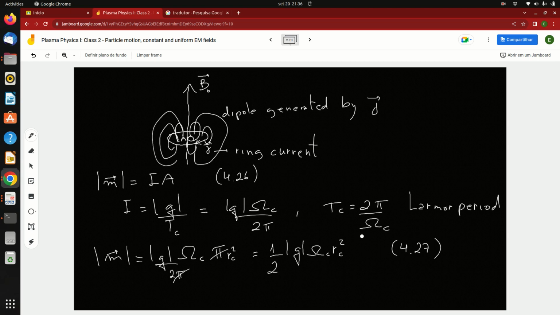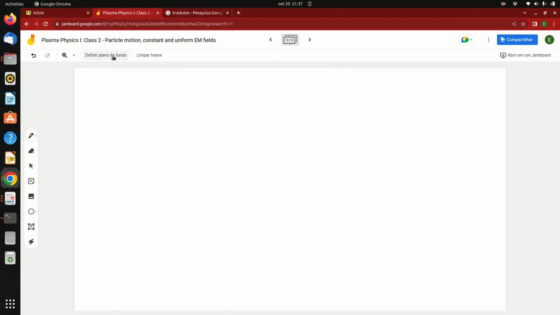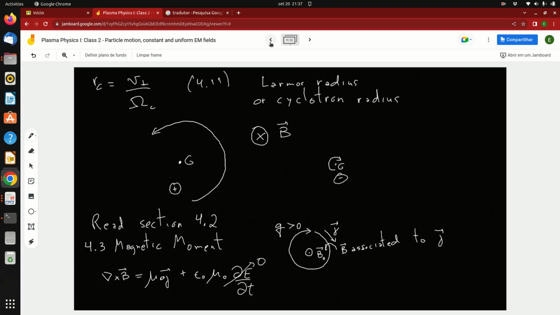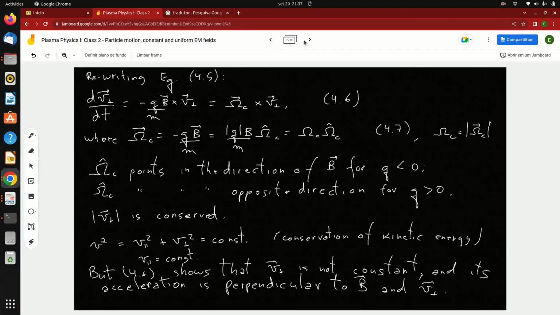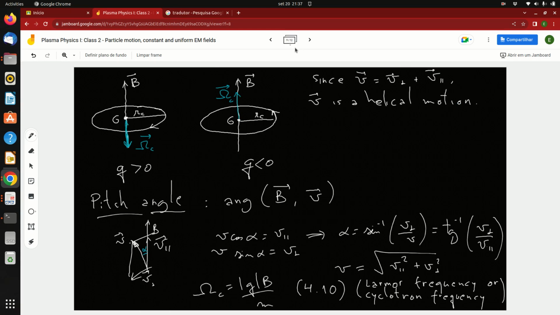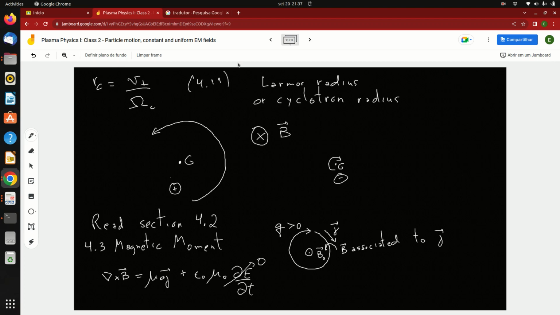Well, we can write it using equations 4.10 and 4.11, where we define the Larmor radius and the Larmor frequency. So if you check equations 4.10 and 4.11, where is it? Well, 4.10 is this. So this is the Larmor frequency and this is the Larmor radius.